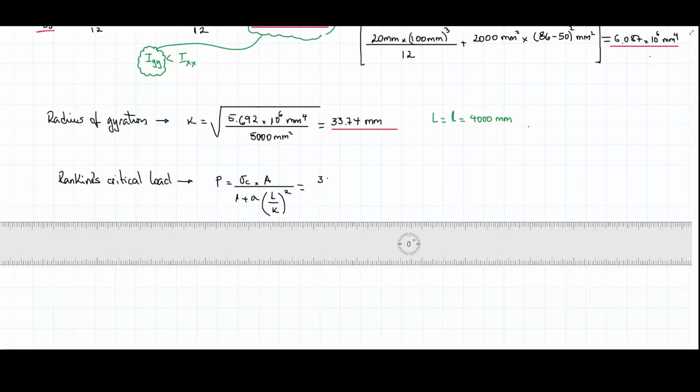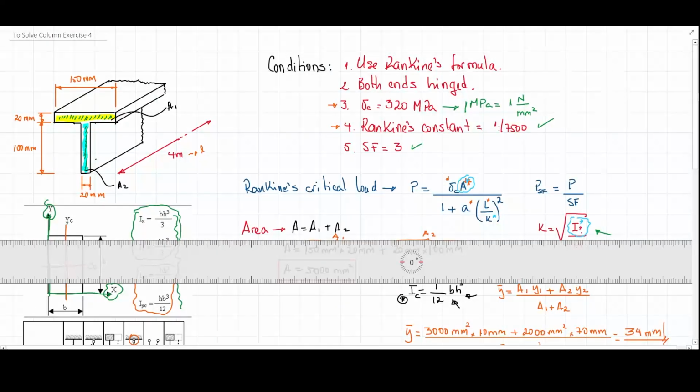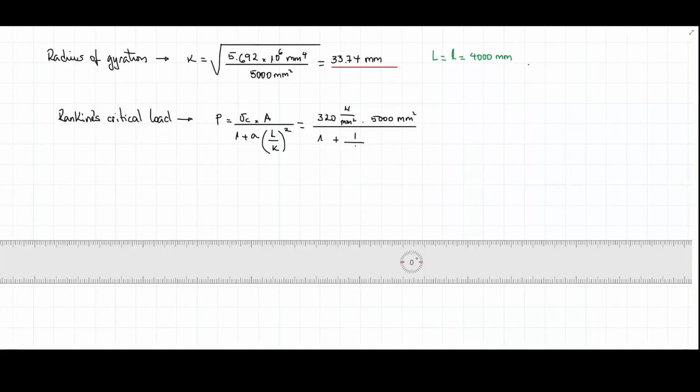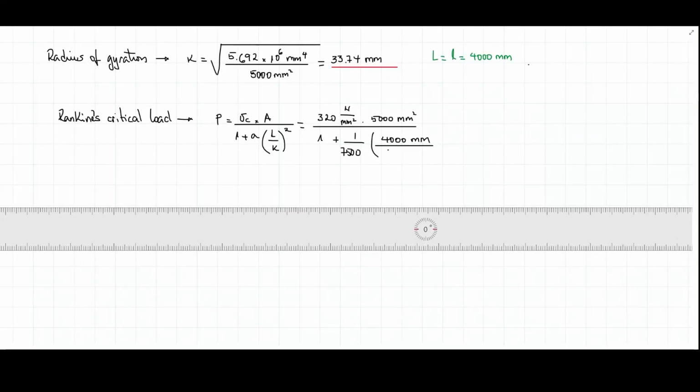Then it's going to give me 320 newtons per square millimeter times the area, which is 5,000 square millimeters, divided by 1 plus Rankine's constant, 1 over 7,500, times the effective length of the column, 4,000 millimeters, divided by the radius of gyration, 33.74 millimeters, and this is going to be squared.